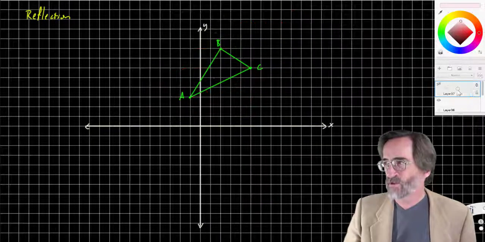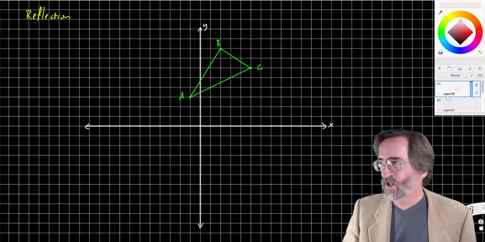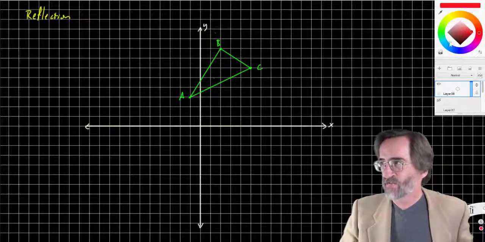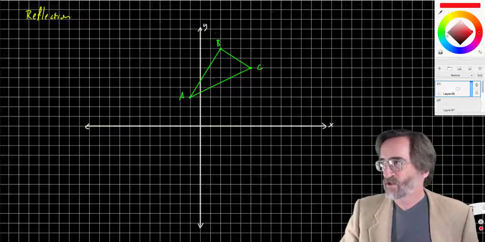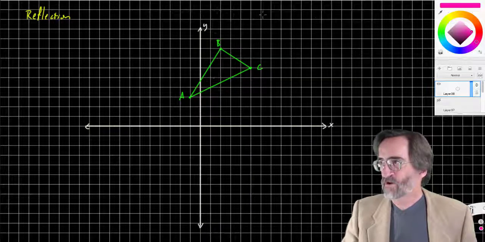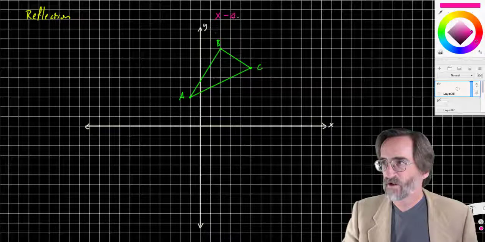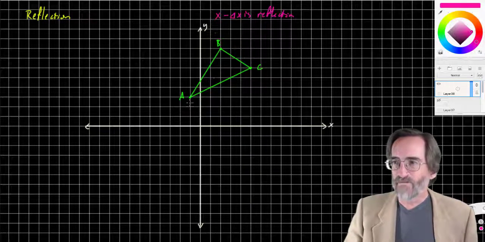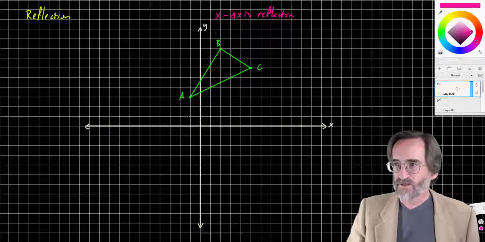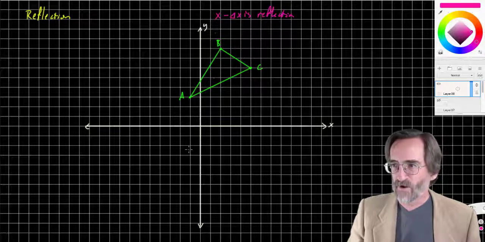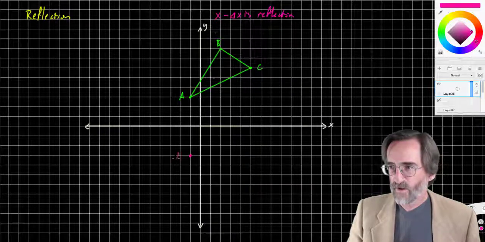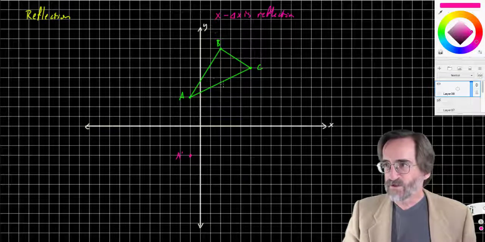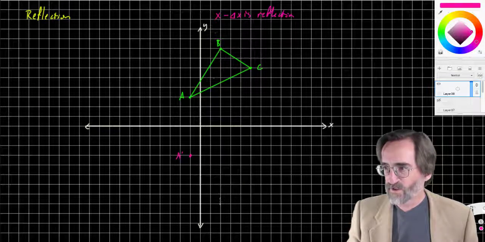All right, let's go ahead and hide this layer, and let's do an x-axis reflection. Same thing. Let's do purple here. The image of A reflected across the x-axis: A is 3 above, so it's now going to be 3 below, A prime. B is 2, 4, 6, 8 above, so it's going to be 8 below.